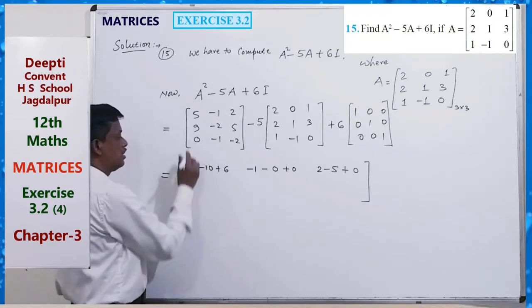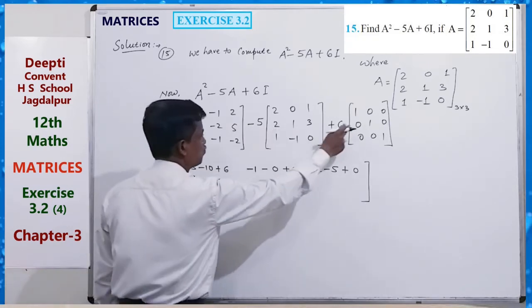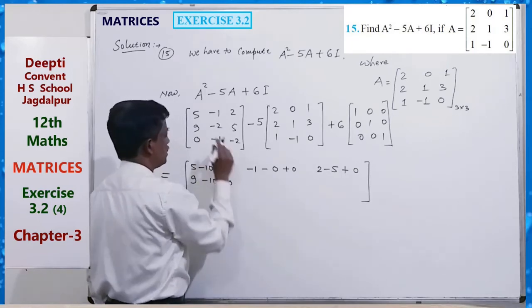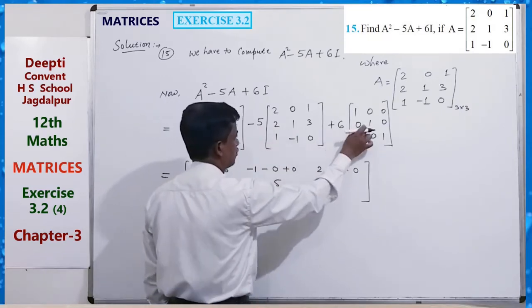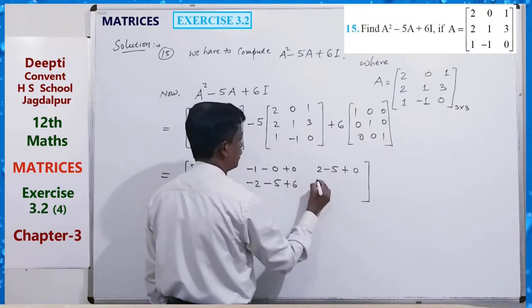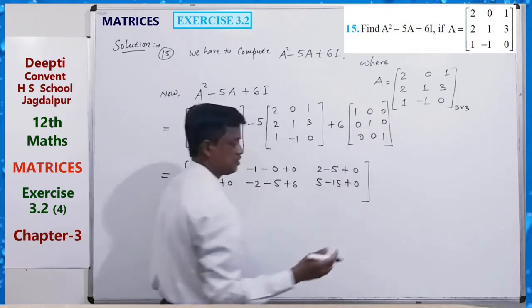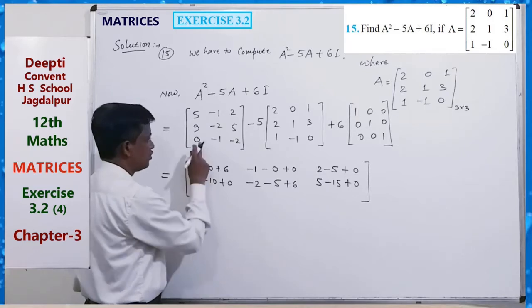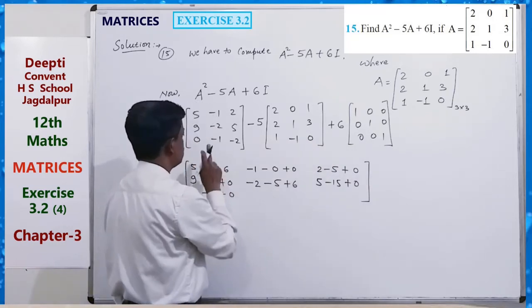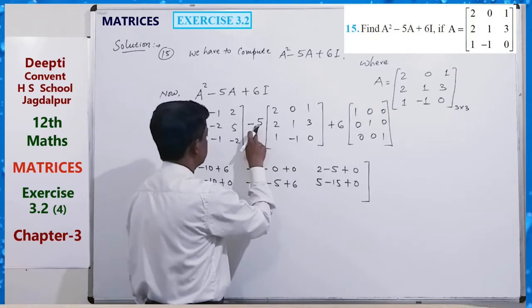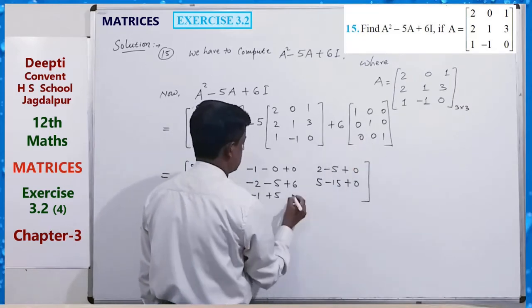So you can write 9 minus 10 plus 0, minus 2 minus 5 plus 6, 5 minus 15 plus 0, 0 minus 5 plus 0, minus 1 minus minus plus 5, 0.